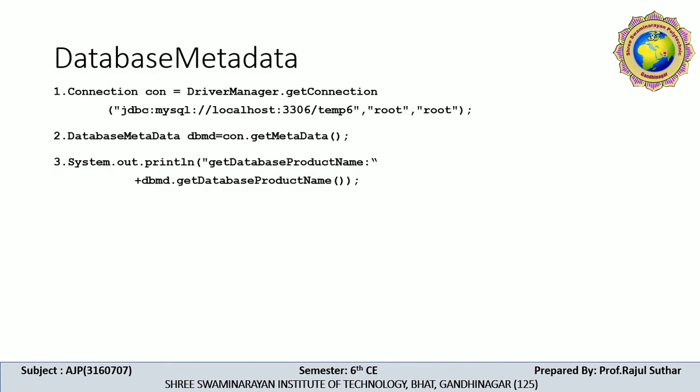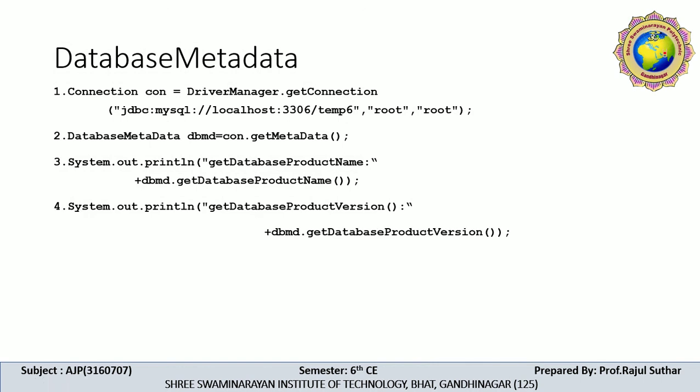First we create the connection by using the Connection object con, DriverManager.getConnection. DatabaseMetaData dbmd is equal to con.getMetaData. System.out.println getDatabaseProductName plus dbmd.getDatabaseProductName. System.out.println getDatabaseProductVersion plus the version.